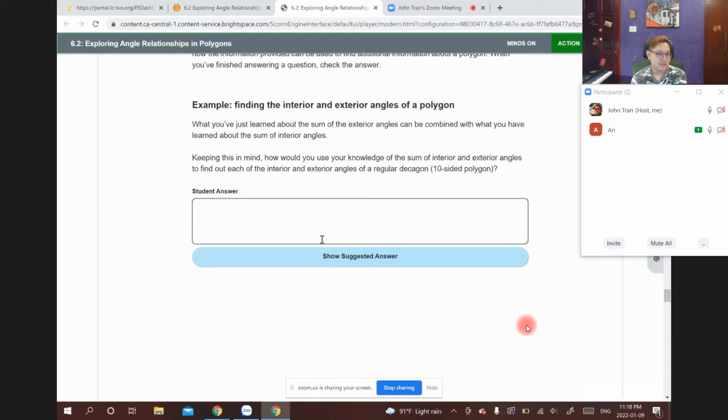So a 10-sided polygon, 10 small triangles. So 1800, and minus the middle, minus 360. It's 1440. 1440, yeah. And then divided by 180 again.